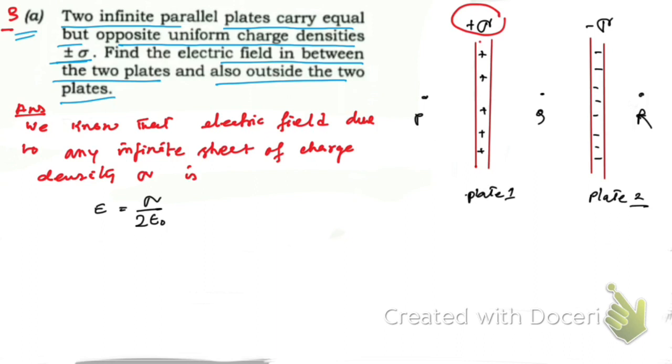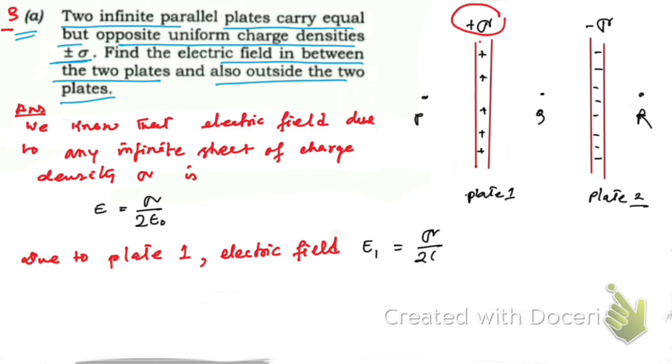So due to plate 1, the electric field E1 is given by sigma by 2 epsilon naught.